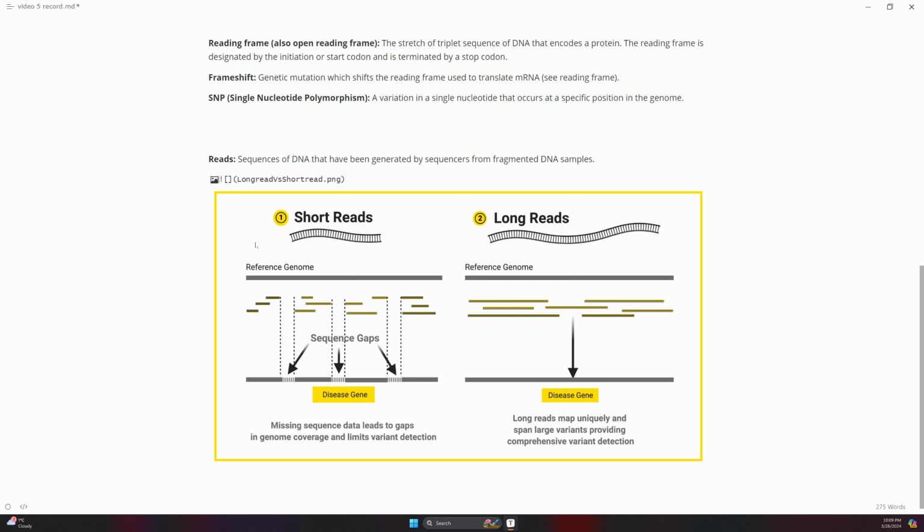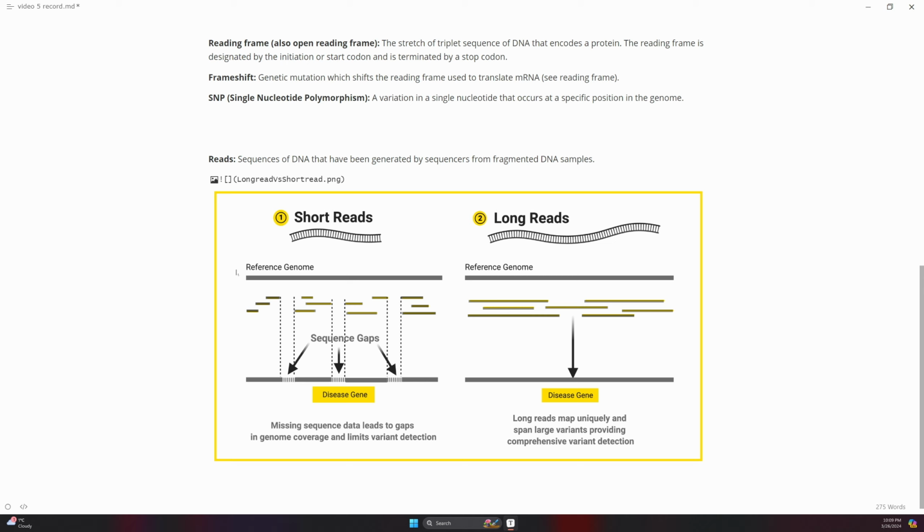Short reads have the advantage of higher throughput since they shear the DNA into smaller pieces, and this process can be greatly accelerated because the short reads are more uniform. The long reads, because the read length varies a lot, create lots of variability, and that's why long reads are less stable and therefore lower throughput.